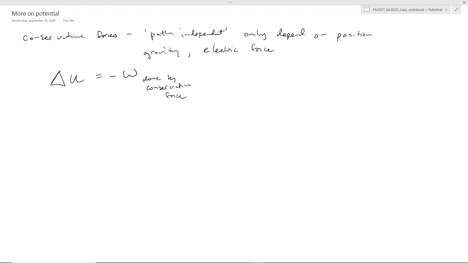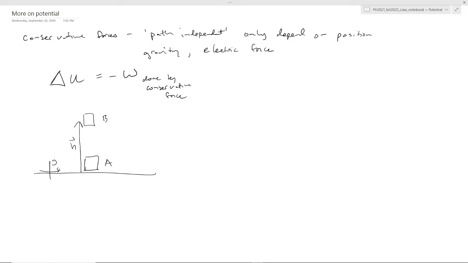So let's think about gravity. We got pretty familiar with the idea that if you have an object, a box or something, and you move it up some height h, let's say we're moving this from A to B, and we've set our coordinate system here so that A is at 0.